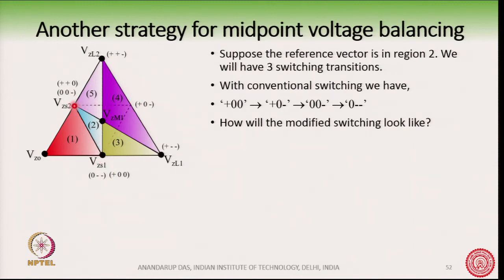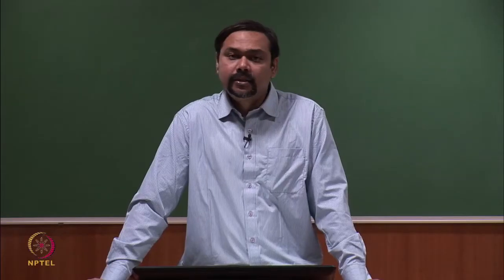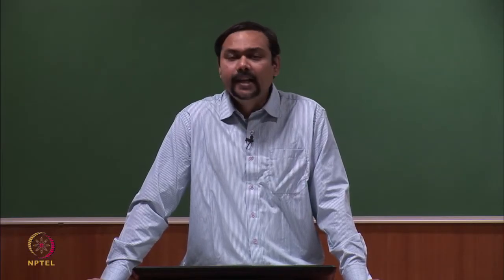So, will it not increase the switching frequency? Yes, indeed it will, and that is correct. By use of this Vzm1, the switching frequency in fact increases by about 33%. However, the midpoint voltage fluctuation is highly minimized with this technique.